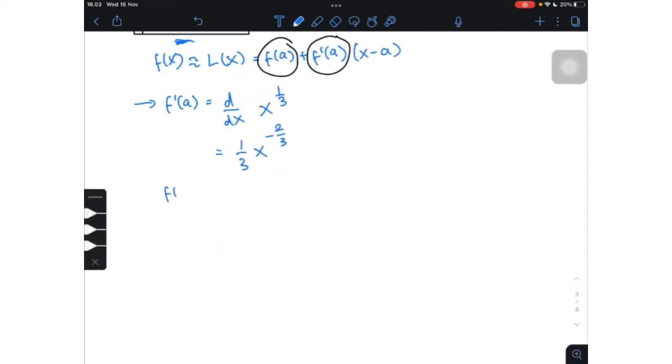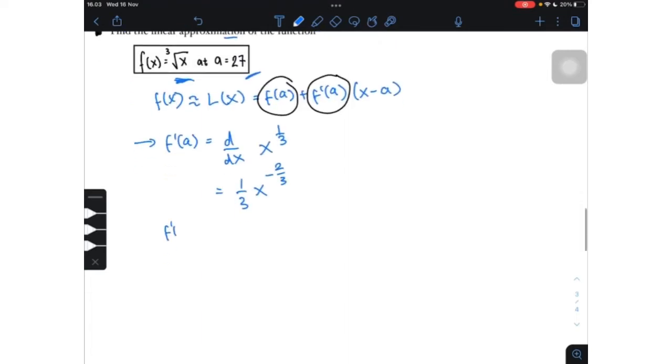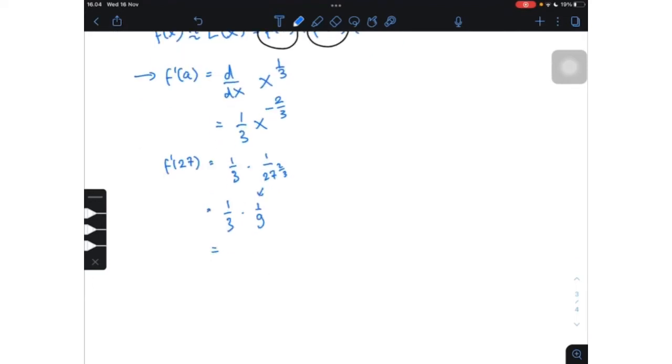We need to fill in this a with 27. So f prime of 27 is 1 over 3 times 27 to the minus 2 over 3, so this will be 1 over 9, so f prime of 27 will be 1 over 27.